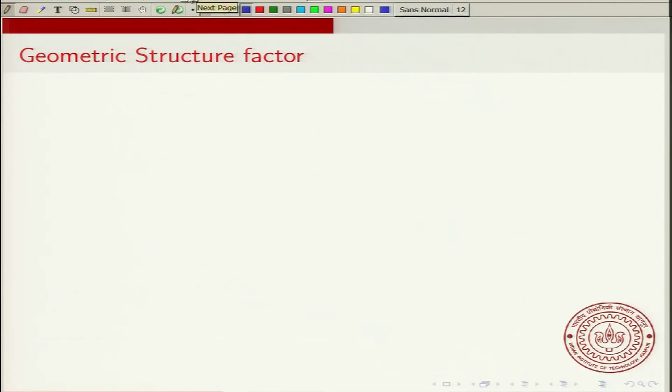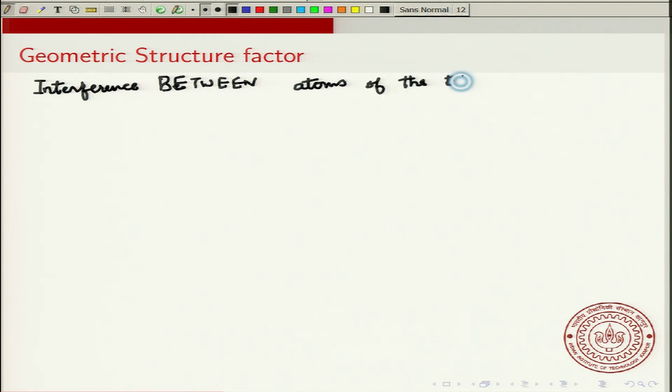There are additional factors that affect the intensity of XRDs. One is called the geometric structure factor, and this refers to the phenomenon of interference between atoms of the basis of the crystal.